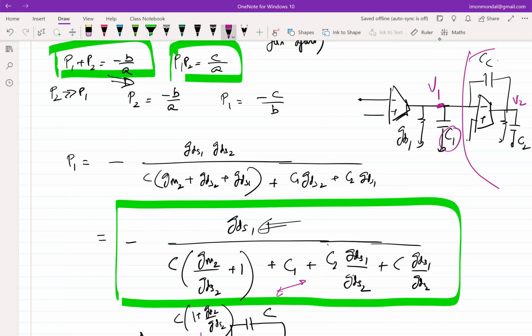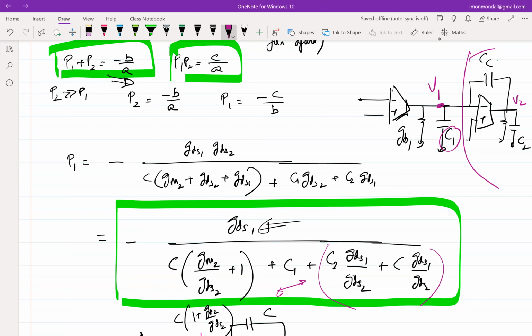Let's not talk about these two for the time being, but if you look at the denominator, which term is dominant? Note that the GDSs are of similar order and GM is much greater than GDS. The first term is GM2 over GDS2. The first term will be dominant.